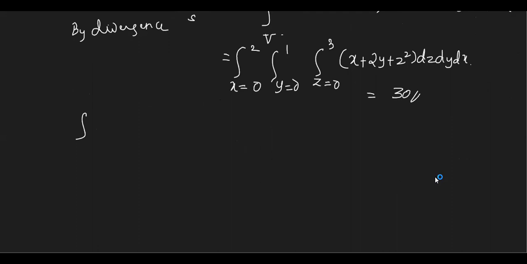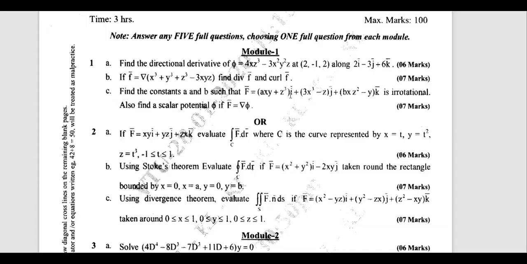Ma'am, this example is solved, but the signs are different. Here it is x square minus y square plus 2xy, and here x square plus y square i minus 2xy j is different. Only the vector field is different.